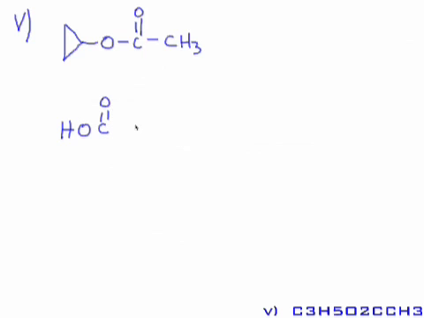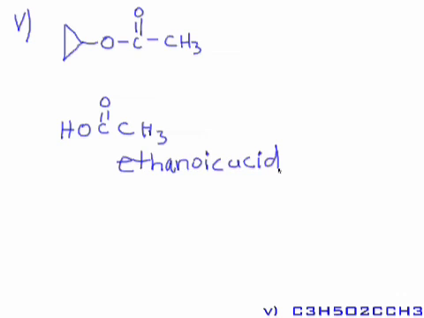You'd figure out the IUPAC name of the carboxylic acid. 2 carbons would be an ethanoic acid. So ethanoic acid, 2 words, drop the ic acid because you have an ester, add ATE, and you would get ethanoate.